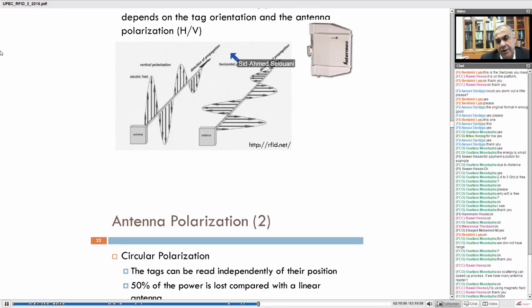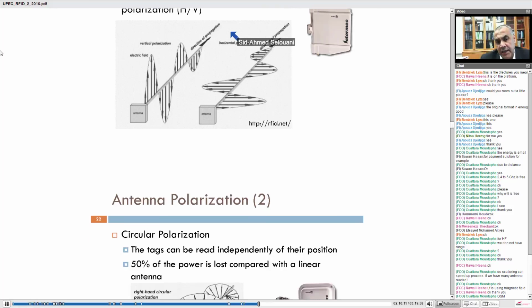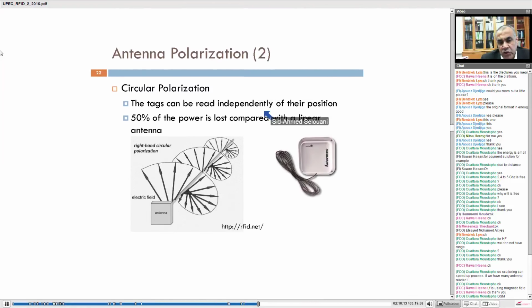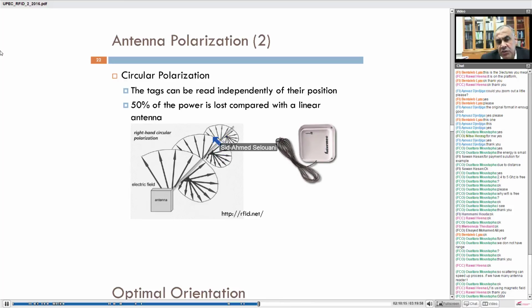However, the read range, the distance of reading, is not as good. With linear you have a very high directivity and a long reading distance. Here you ensure your reading: the reading is good whatever the position of the tags, but the read range is smaller.